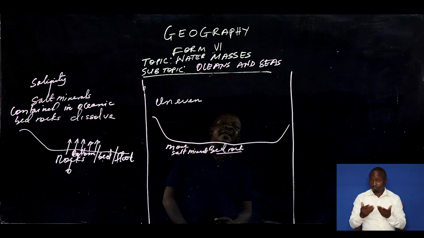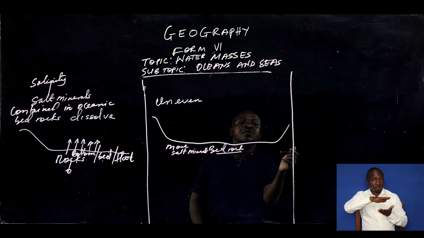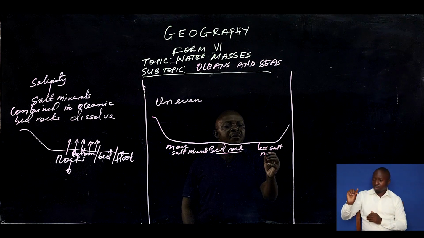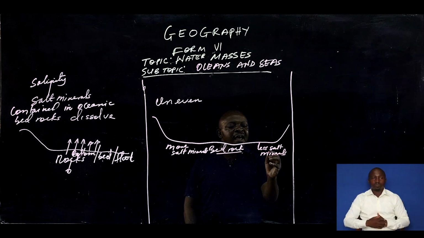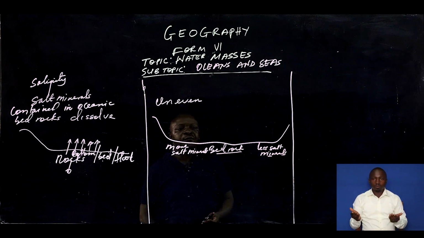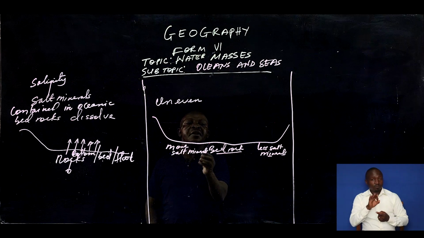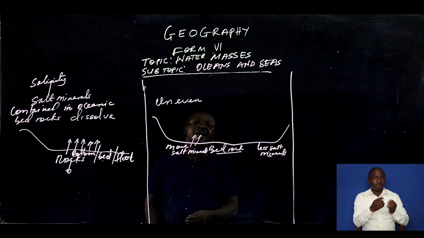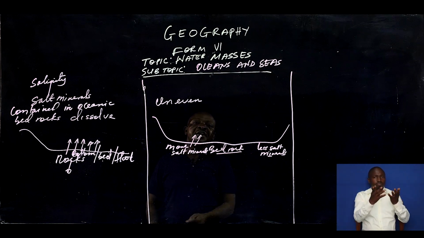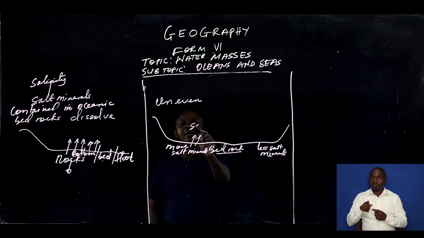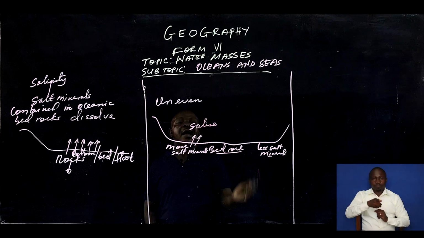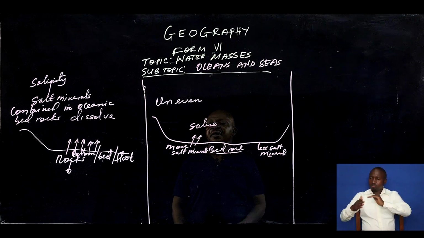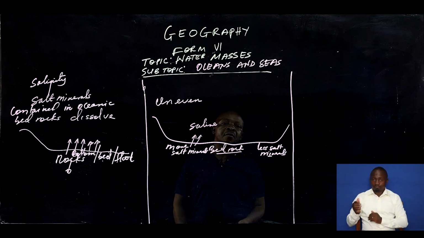While in other areas, oceanic bedrocks have less salty minerals. Thus, if more salty minerals dissolve, the oceanic water in that particular region is made more saline compared to where less salty minerals are contained in the bedrock.